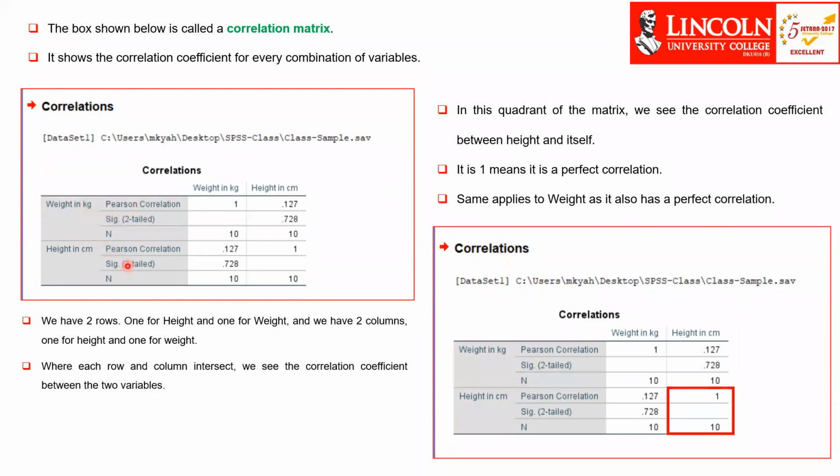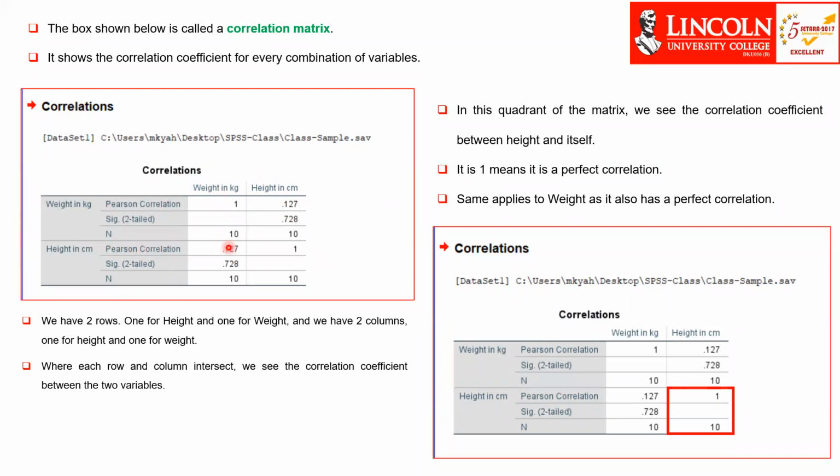We have two rows, one for height and one for weight. We have two columns, one for height and one for weight. Where each row and column intersects, we see the correlation coefficient between the two variables. So weight intersects with weight. This is the correlation coefficient. Height intersects with weight. This is the correlation coefficient. Height also intersects with height. This is the correlation coefficient. Weight intersects with height here.